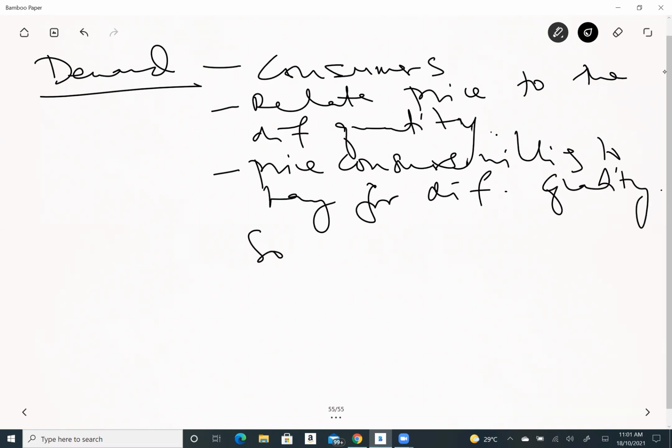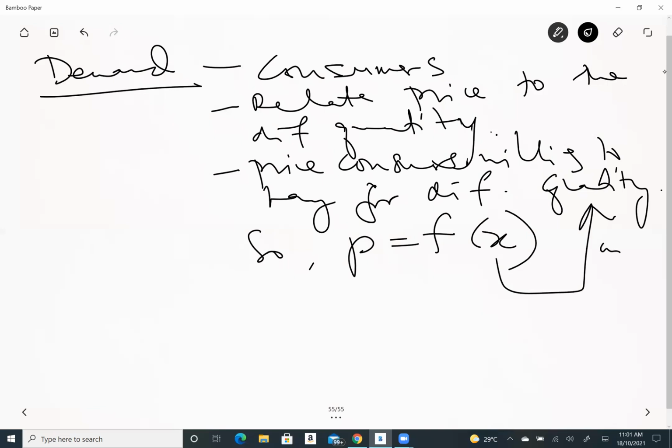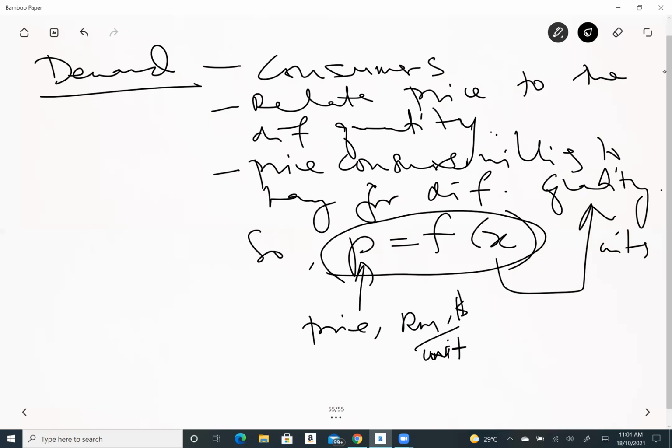So you have P as a function of X, where X is the quantity in units and P is the price, in RM per unit or dollar per unit. So you have price as a function of quantity.